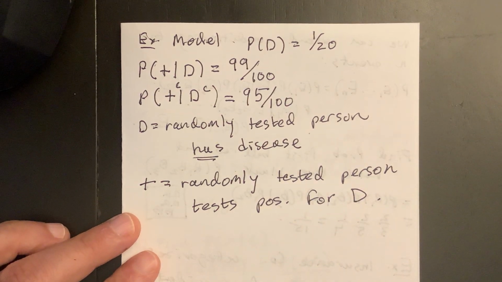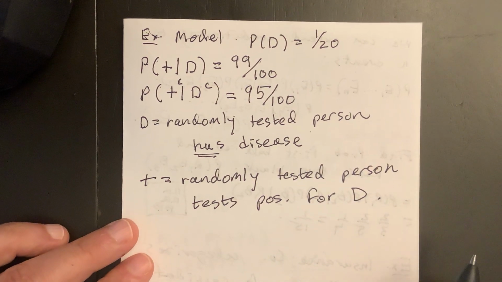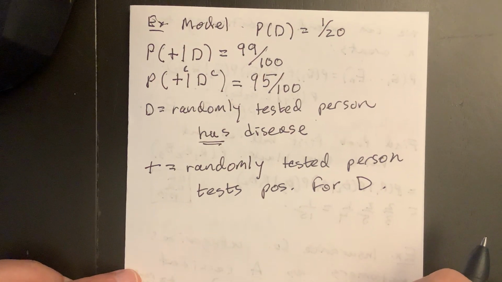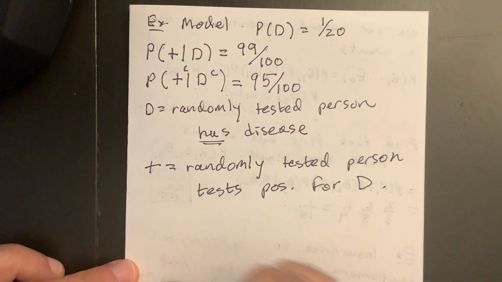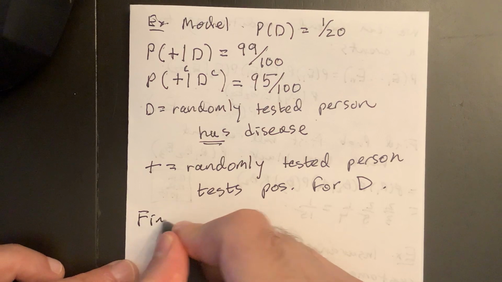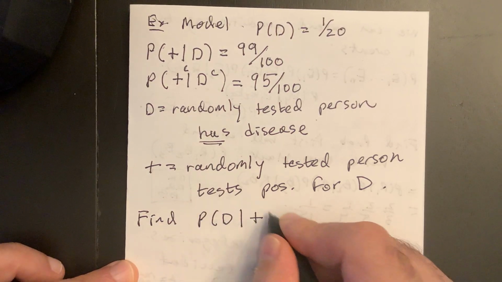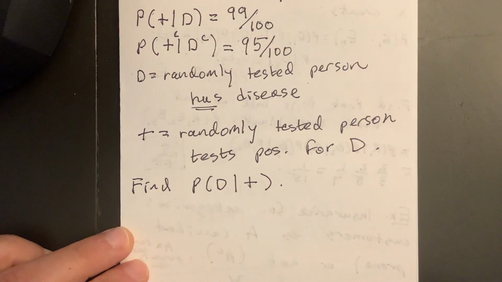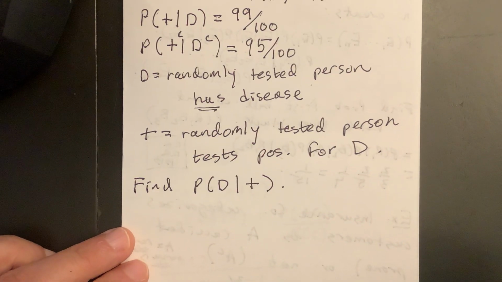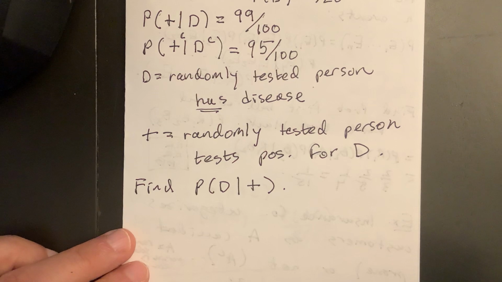Okay, there we go. All right. So the question is, find P(D given plus). So find the probability they actually have the disease if the test comes back positive.